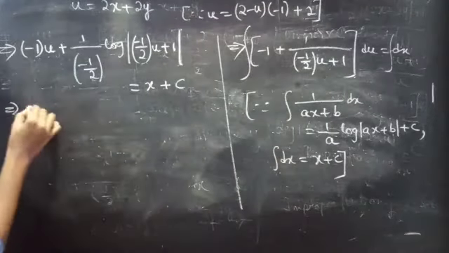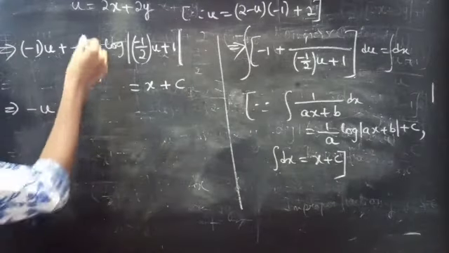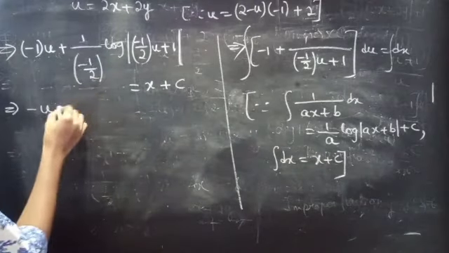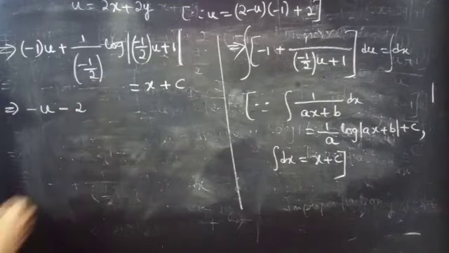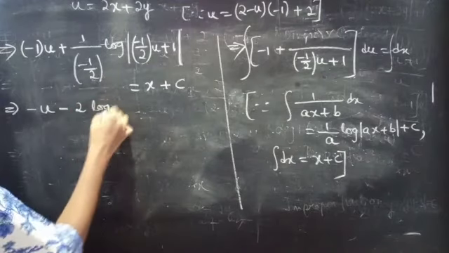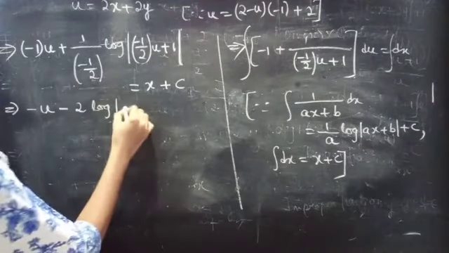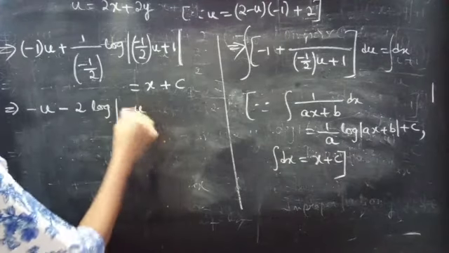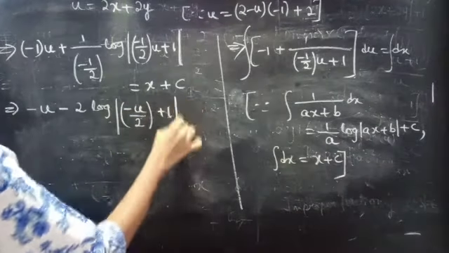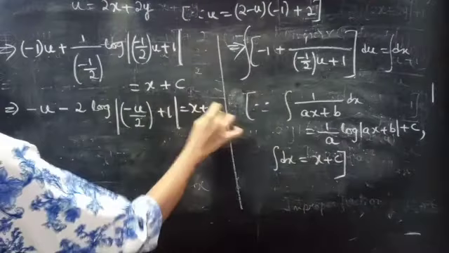Then 1 by minus 1 by 2 is minus 2, log mod (minus u by 2 plus 1) equals x plus c.